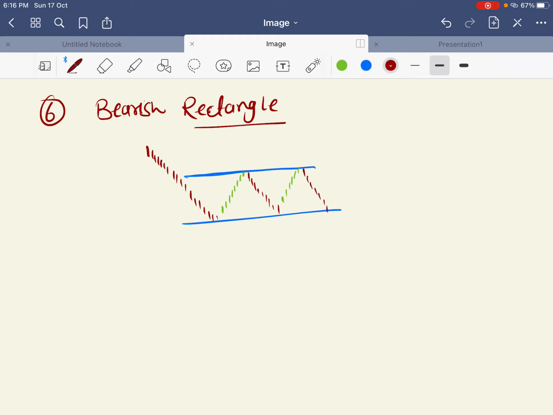As you can see, it is taking resistance at this point and support at this point, so you have to wait for the breakout and you can take a bearish or short entry at this point and put your SL inside the rectangle.